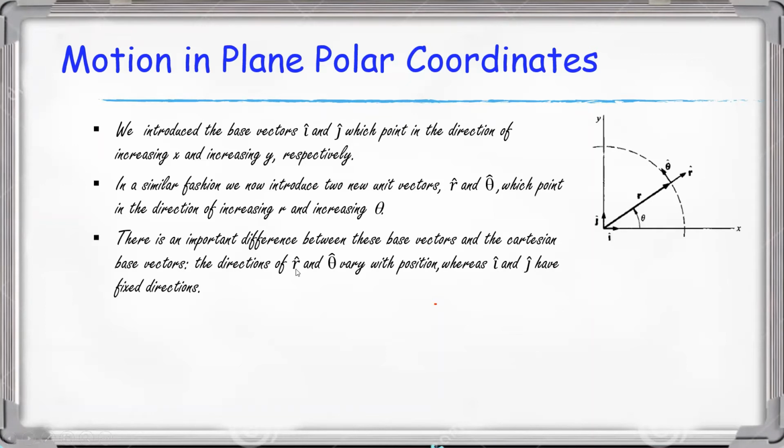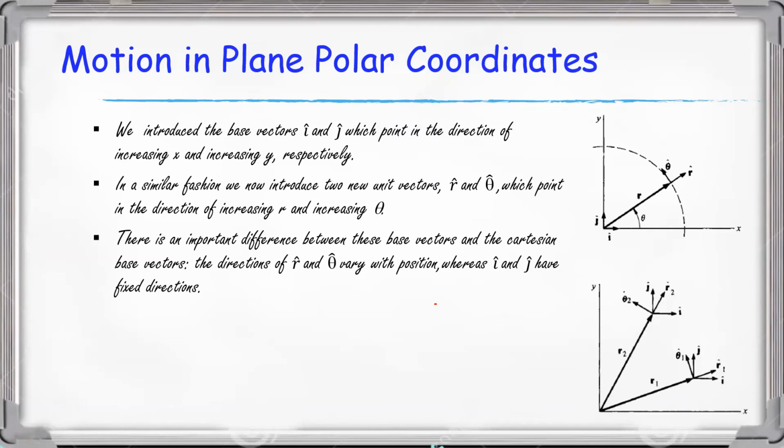I repeat, the directions of r and theta vary with position. Okay, and the directions of i and j are fixed. It will be clear from this diagram.